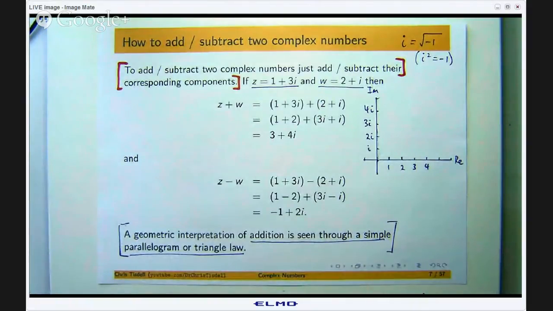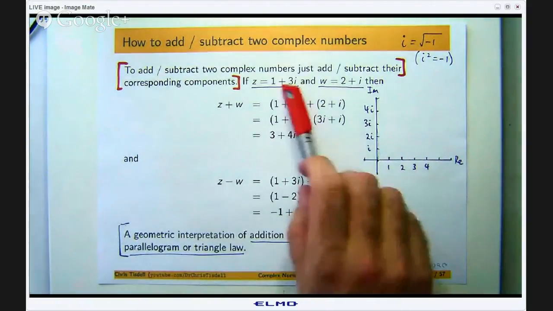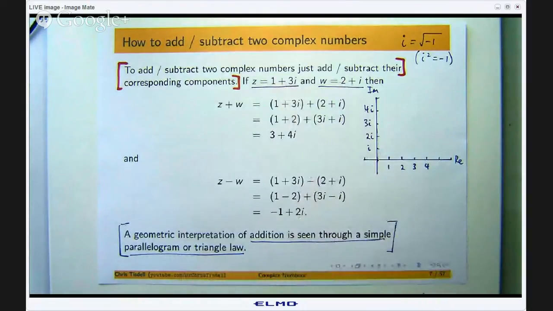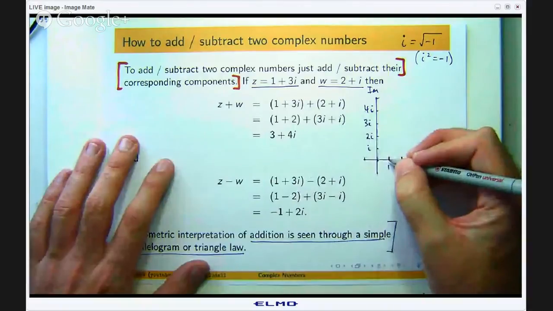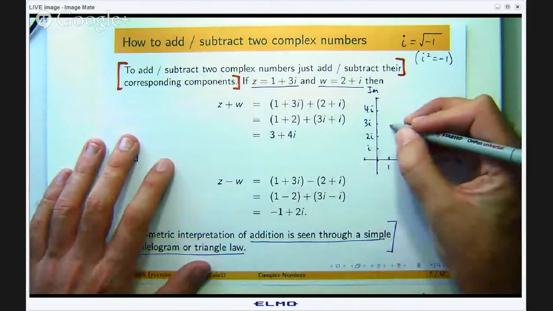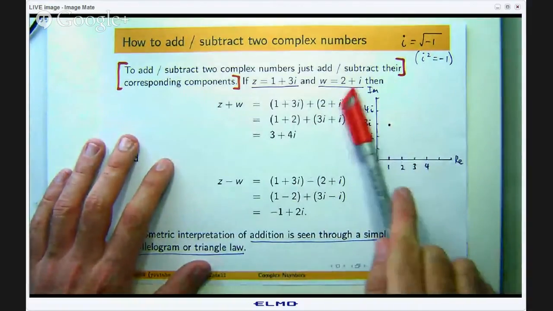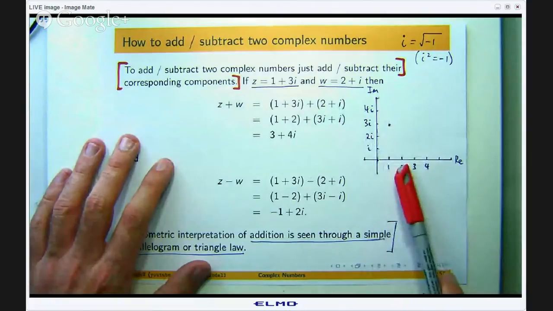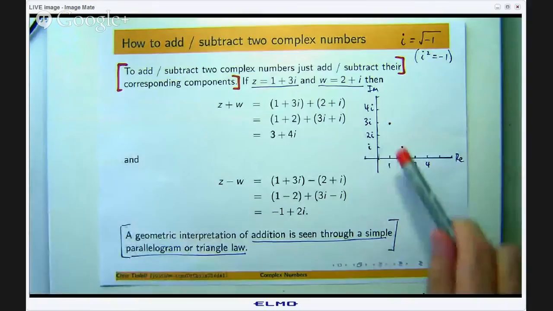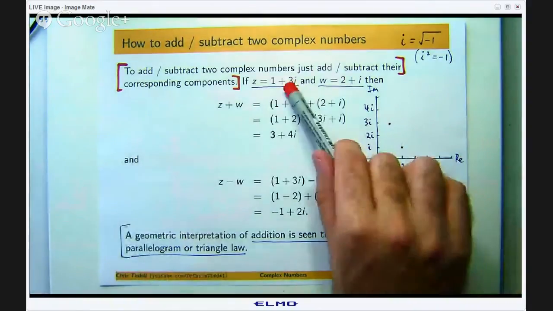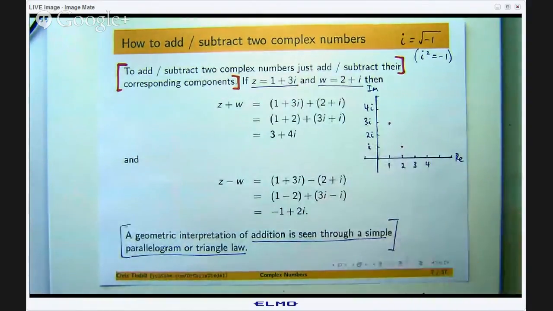Okay, so let me plot in these two complex numbers in this complex plane. So 1 plus 3i, I'd go one unit this way and 3 units this way. 2 plus i, I'd go 2 units this way and 1 unit this way. Okay, so that's the point associated with 1 plus 3i, our Z. That's the point associated with 2 plus i.